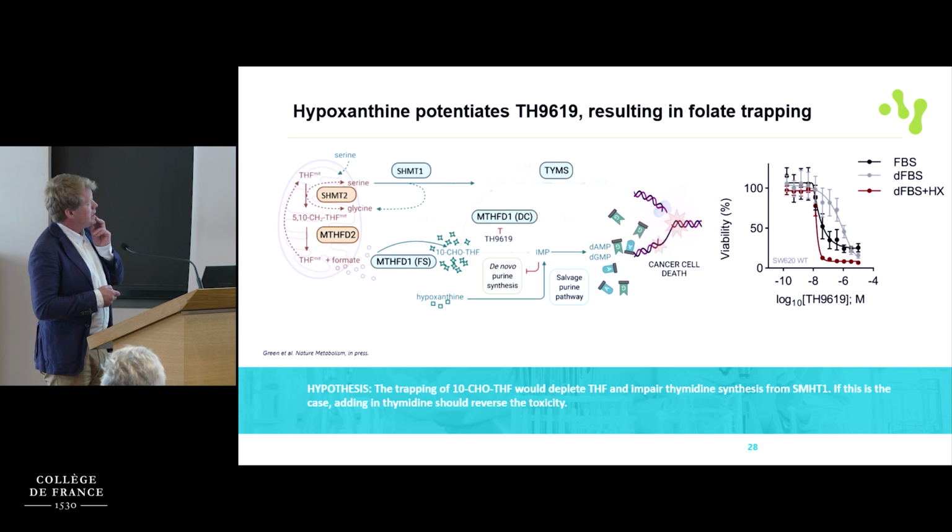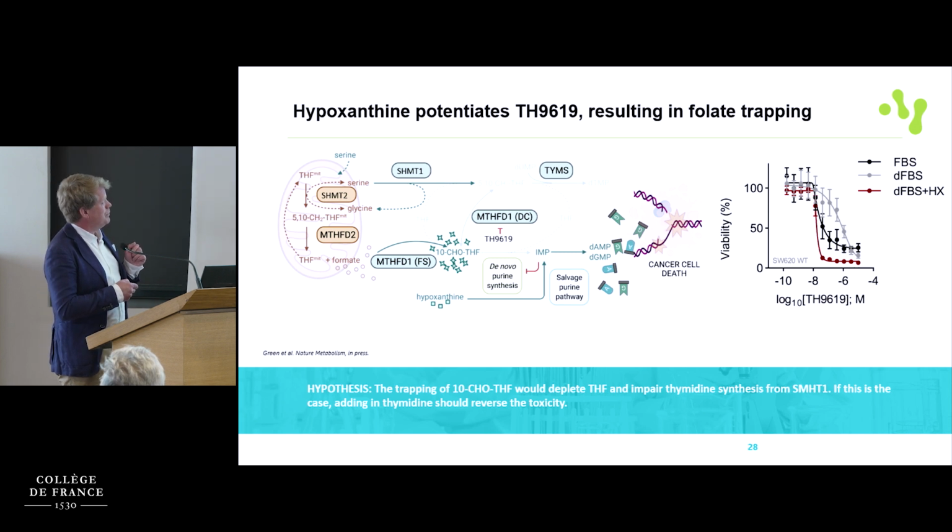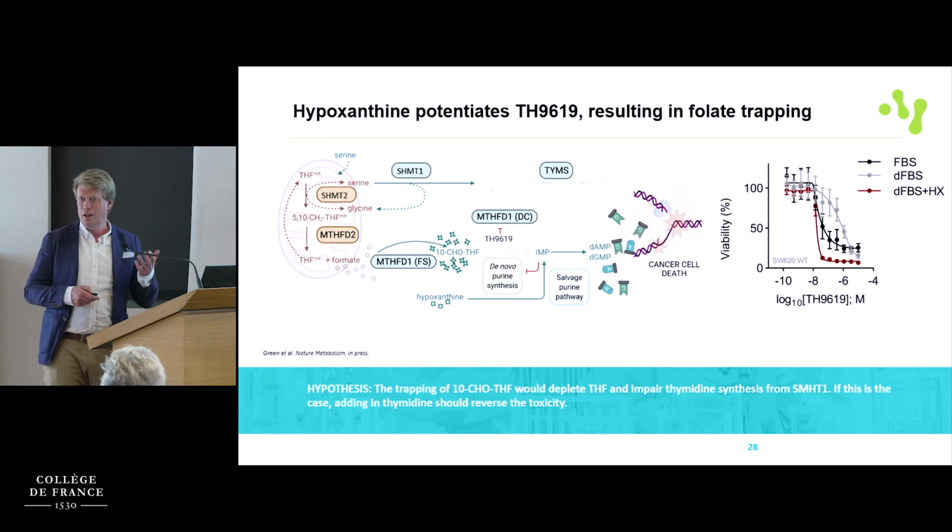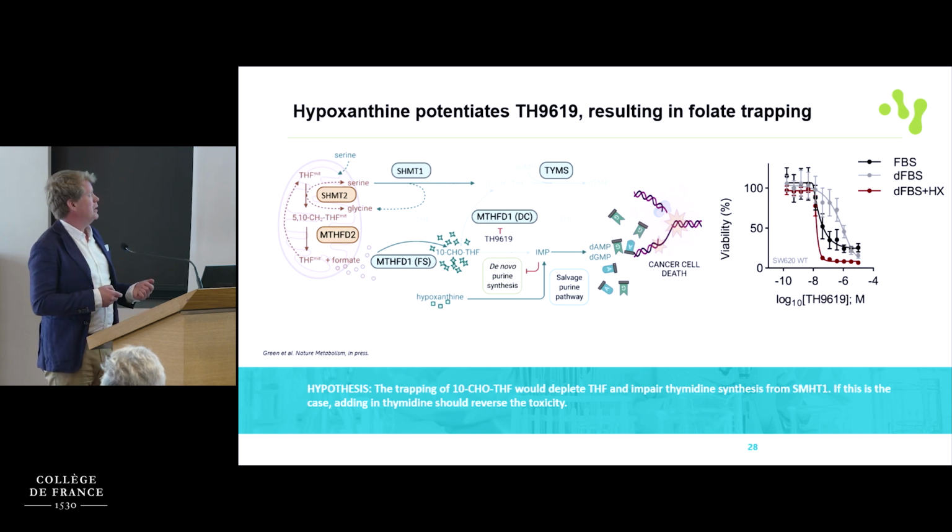And hypoxanthine actually blocks the de novo purine synthesis pathway in a feedback mechanism. And then, if you have formate release, you could generate this formate trap that wouldn't then generate thymidine. So this is more of a complex mechanism that we generate a formate trap with our inhibitor, that depends on MTHFR2 activity.